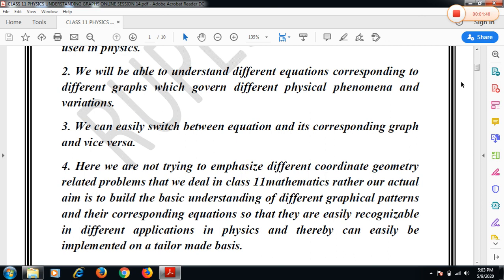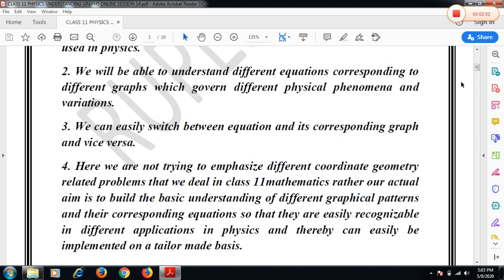Number four, which is the most important point: here we are not trying to emphasize different coordinate geometry related problems that we deal with in class 11 mathematics. Please remember that, and do not misinterpret this as your coordinate geometry mathematics class.